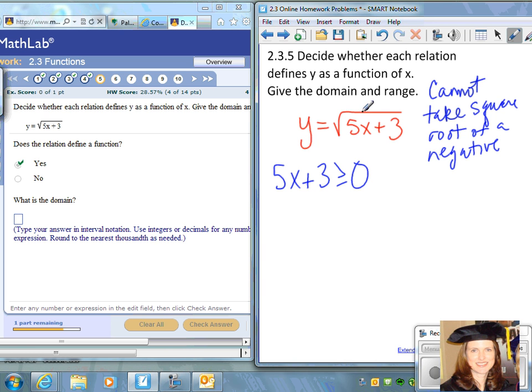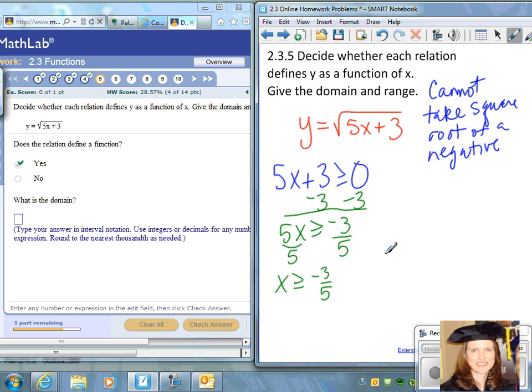So to determine the domain, set the part underneath the square root, 5x plus 3, to be greater than or equal to 0. When we solve this for x by subtracting 3 from both sides, we get 5x is greater than or equal to negative 3, and then dividing by 5, we get x has to be greater than or equal to negative 3 over 5.